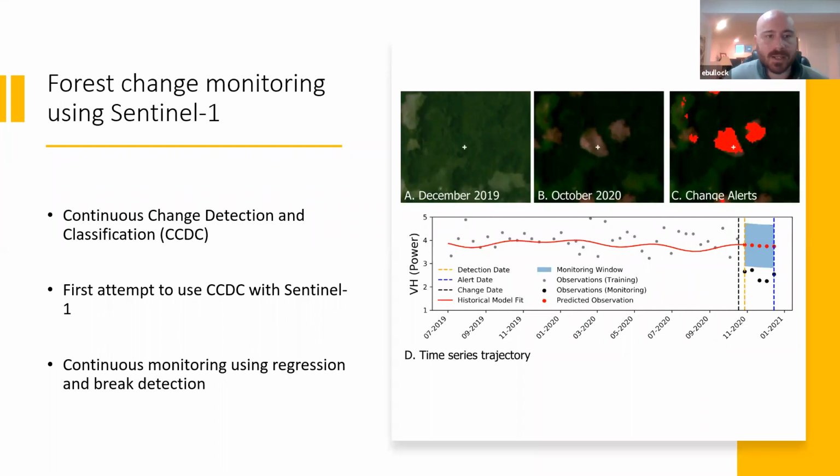So we applied Sentinel-1 to an algorithm called continuous change detection and classification, or CCDC. CCDC has been used a lot for land cover monitoring using a satellite sensor called Landsat. And so that's an optical sensor, which means that it cannot see through clouds.